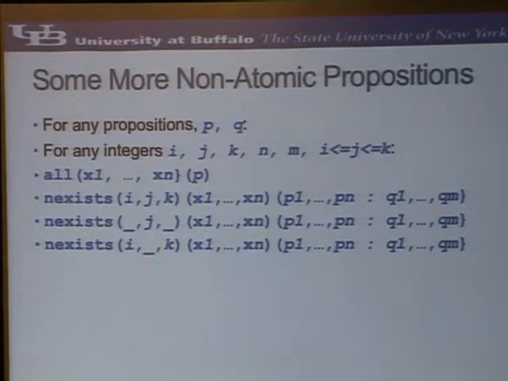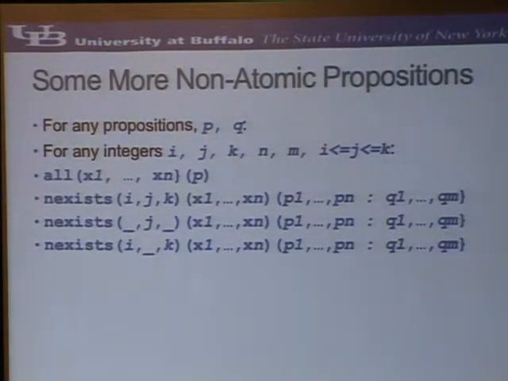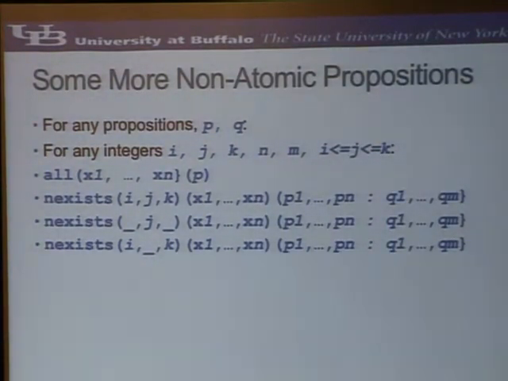Quantifiers. So for all x1 through xn p, where p is any formula. And then three syntactic variations of what I call a numerical quantifier. The first says, of those x1 through xn that satisfy p1 through pn, n doesn't have to be the same, sorry about that, at least there are k that satisfy the p's, and at least i of them, and at most j of them also satisfy the q's.